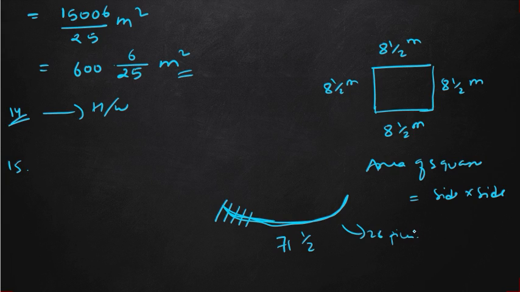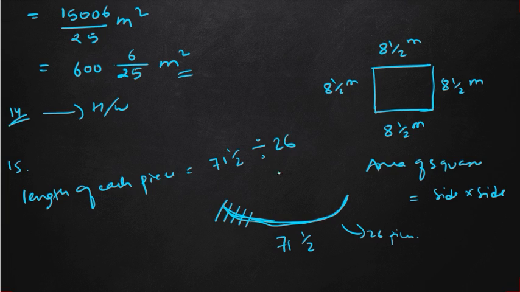So find the length of each piece. How to find the length of each piece? We have to divide it. So first, 71 1/2 divided by 26, you need to divide it.